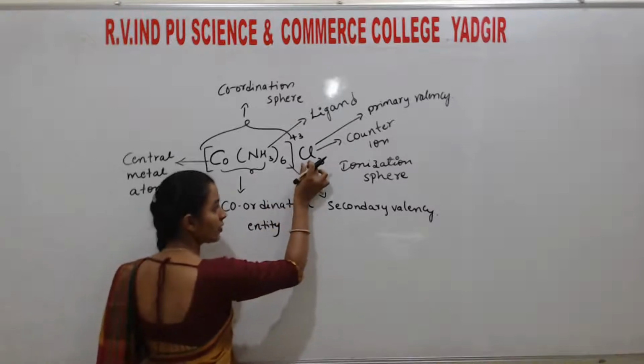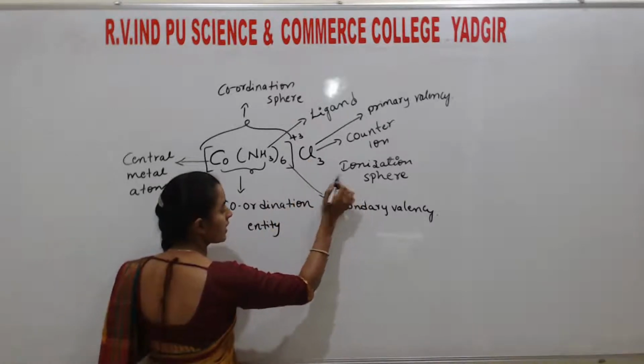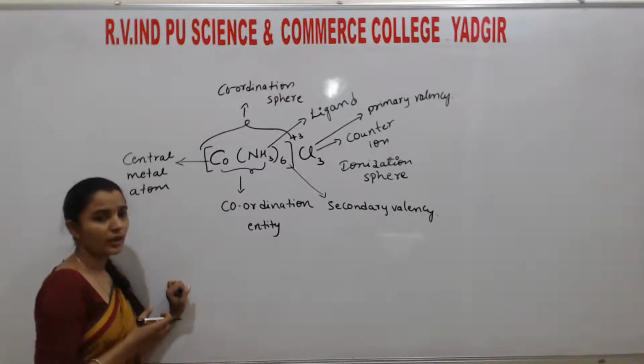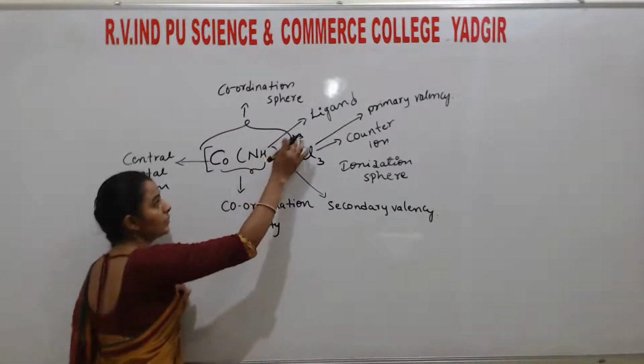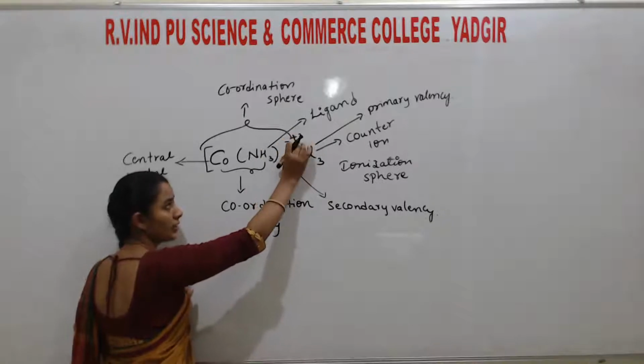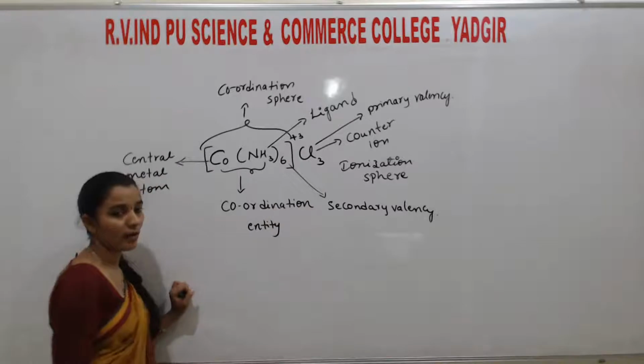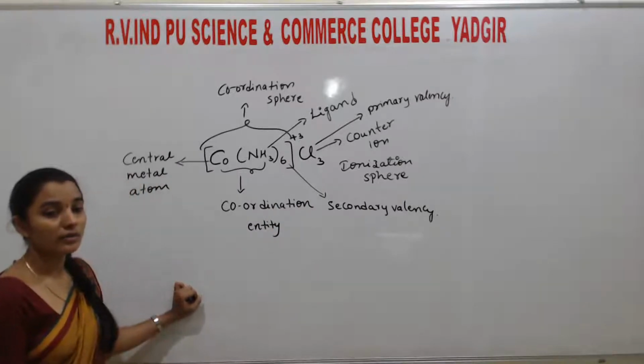So this ionizes. That's why this is called ionization sphere. It is called counter ion because it balances the valency left on the complex ion. That's why they are called counter ions.